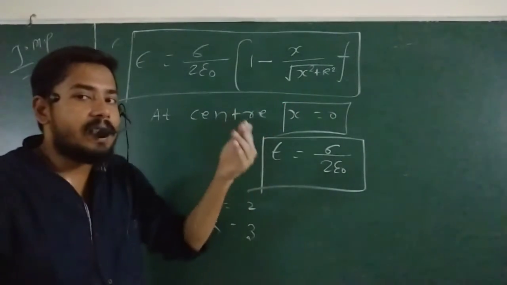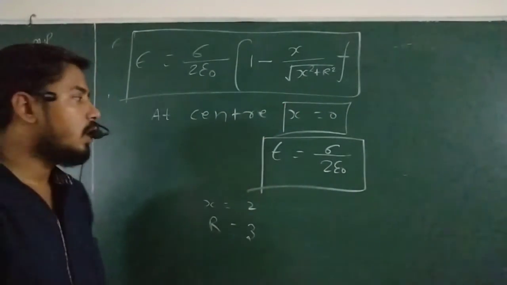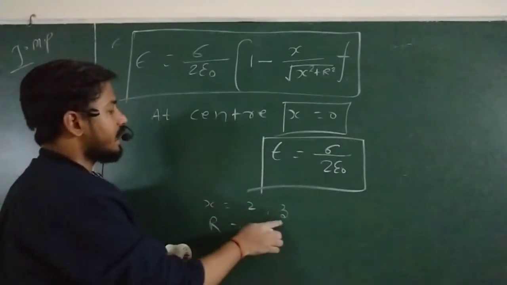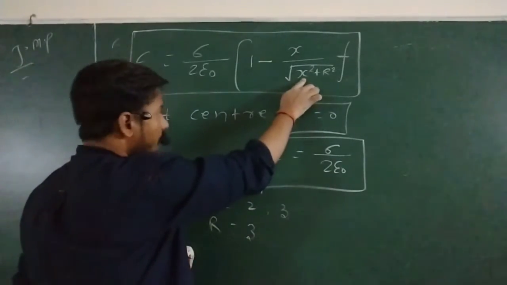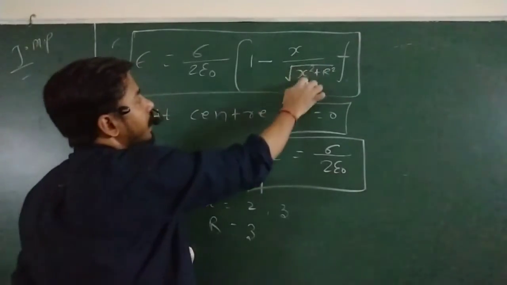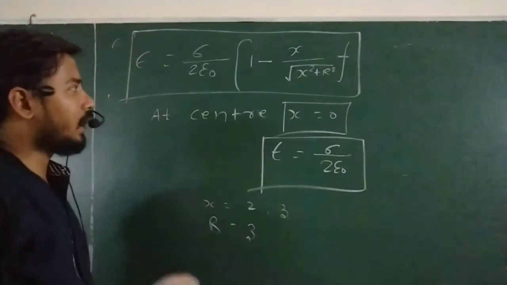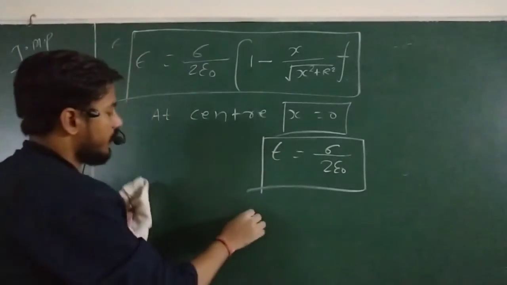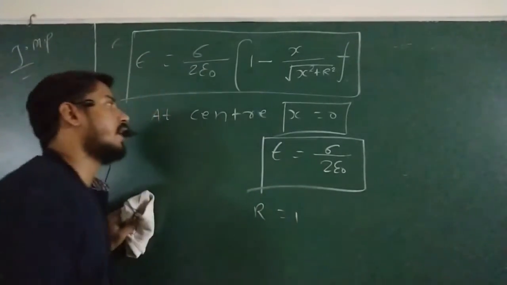Now take x equal to something. Something, it means x equal to 3. If we take x equal to 3, this becomes 9 and 9, 18, so 3 by under root 18. Or simply, we can take some value which we can find easily. r equal to just take 1.